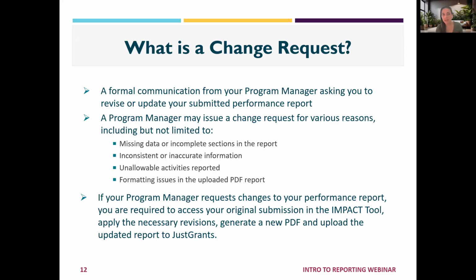It might be that they are seeing something like unallowable activities reported, and also that final bullet of formatting issues in the uploaded PDF. So again, when you're in the impact system, you would click the View and Make Edits button on the last page I showed you to re-enter your form, make any changes you need to make, and then regenerate the PDF to submit back into JustGrants.